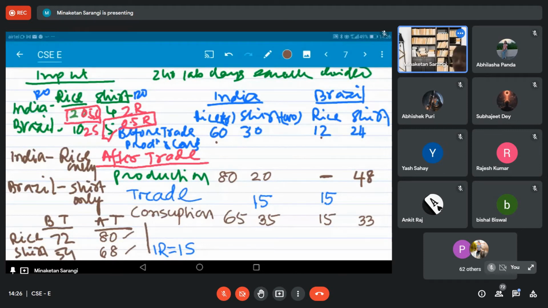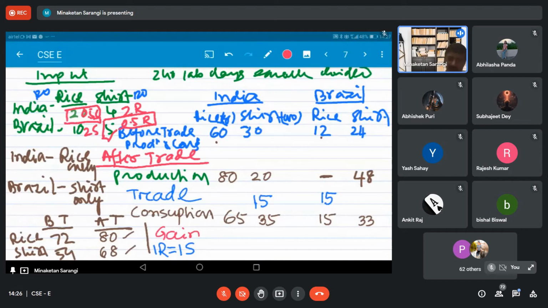Then last step will go to discuss what will be the gain from trade. So already I told you the gain from trade we measure through the difference in consumption after trade and before trade. If we deduct the before trade consumption from the after trade consumption, what we will get is the gain from trade. After trade consumption is equal to 65 here. Before trade consumption is equal to 60.